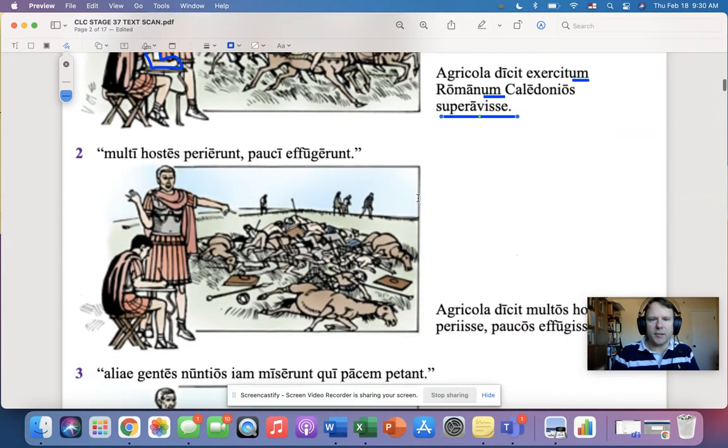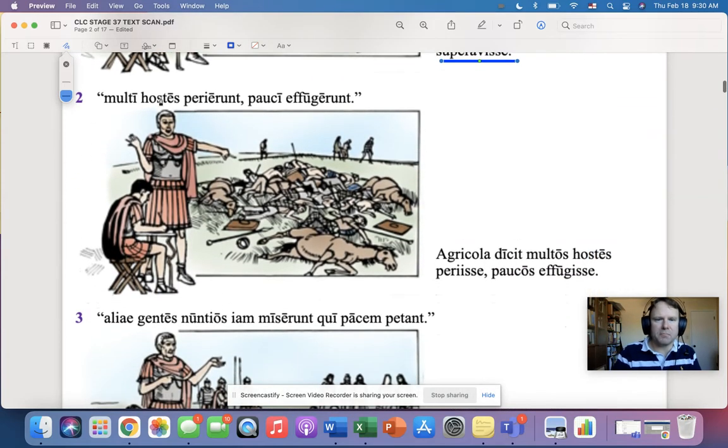Let's look at the second part of this letter. It says multi hostes perierunt, pauci effugerunt. Again, that's the direct statement.